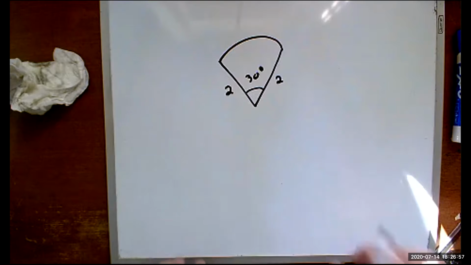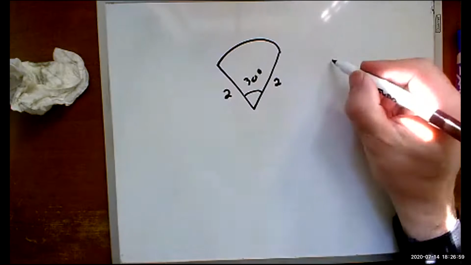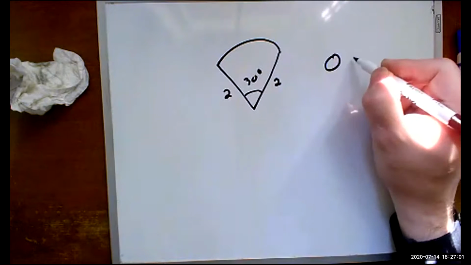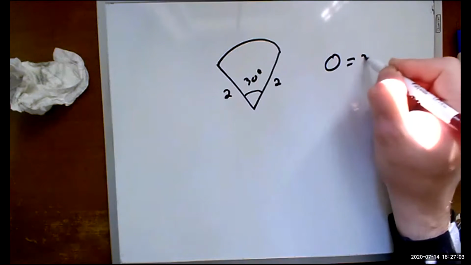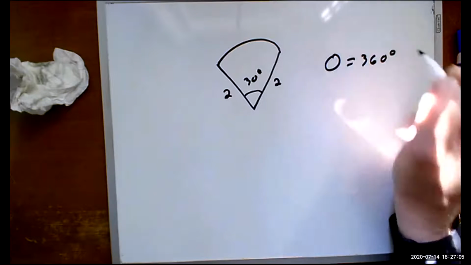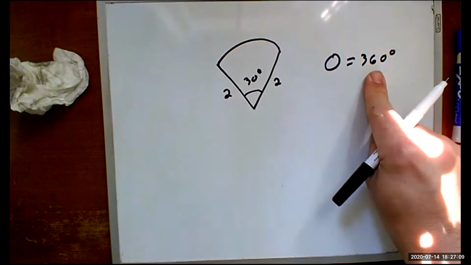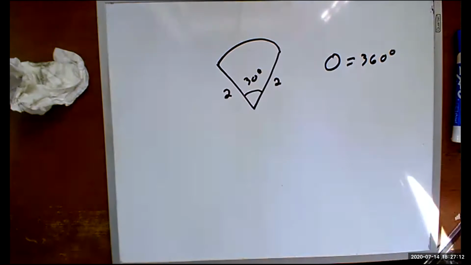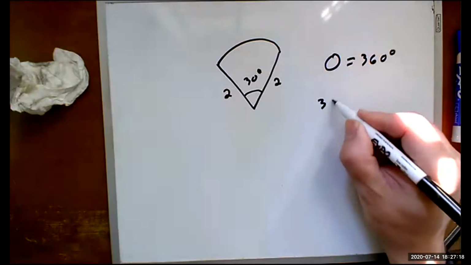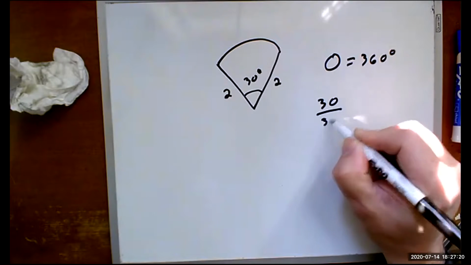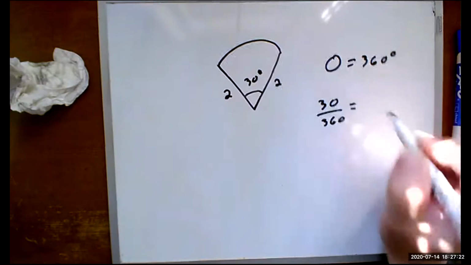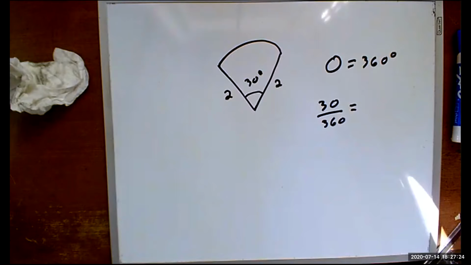The trick to this question is remembering that a circle has 360 degrees. Because we've got 360 degrees in a whole circle, but we only have 30 degrees in this little wedge, we can find out what fraction of the circle we actually have. I'm going to put 30 over 360, and then we're going to reduce this.